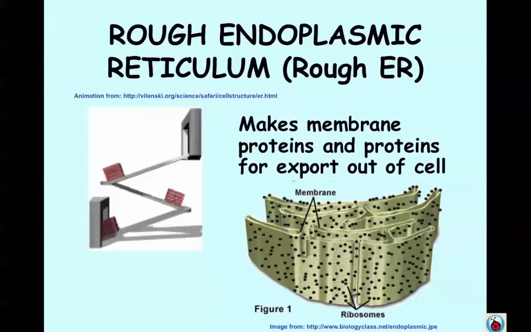The ribosome's function is to make proteins. So basically the ER is made out of membranes, and the membranes are used to export proteins out of the cell. So it makes membrane proteins and proteins for export out of the cell. After proteins are made on the ribosome, the endoplasmic reticulum does some shipping to then the Golgi apparatus.